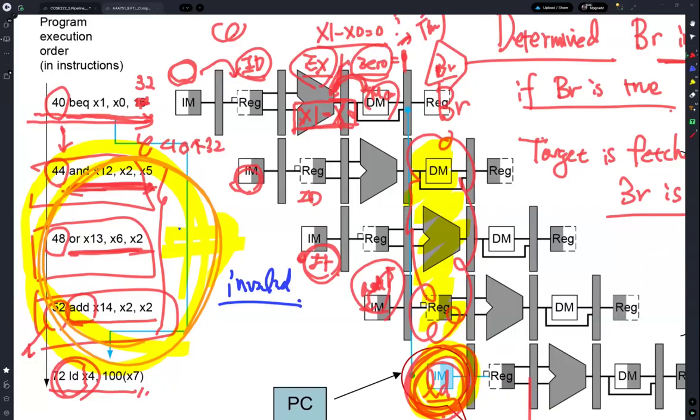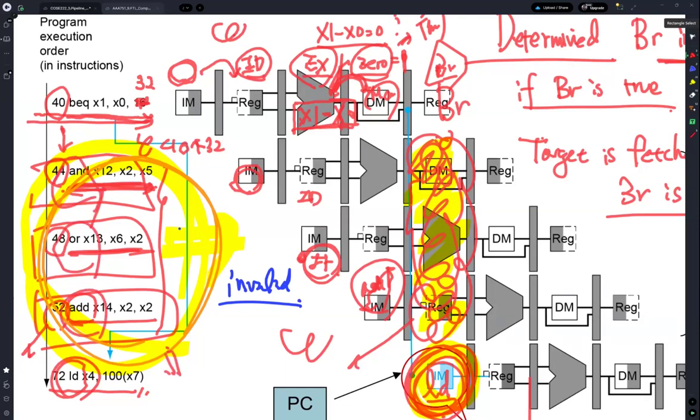Because these instructions are incorrectly fetched, we need to cancel them. How many instructions are canceled? Three instructions: the and, or and add instructions need to be canceled.